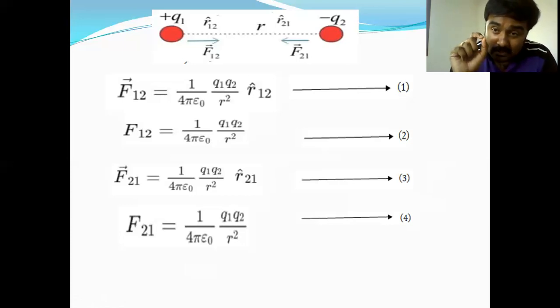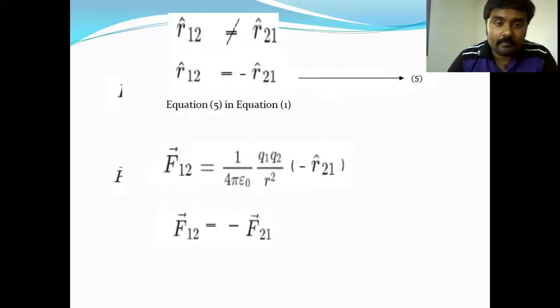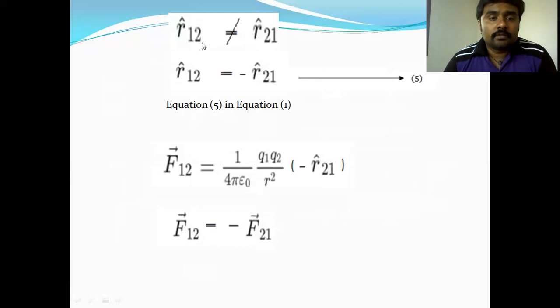So that means action and reaction magnitudes are the same. The F12 vector magnitude and F21 vector magnitude are the same, but their directions are not the same. So the F12 vector is not equal to the F21 vector, and R12 cap is not equal to R21 cap. So R12 cap is equal to minus R21 cap.